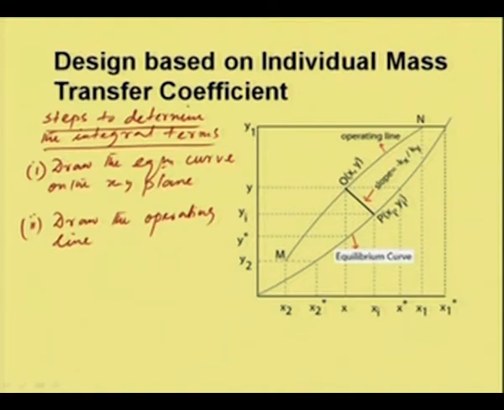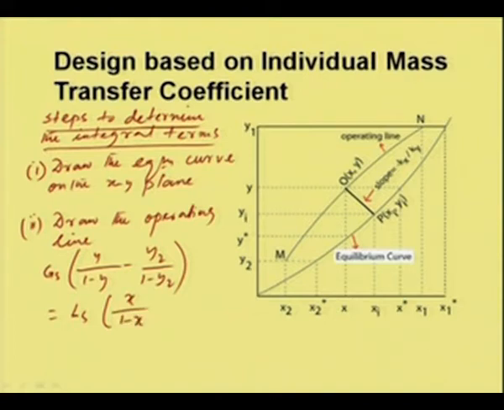This operating line equation we know from the mass balance, we can write Gs y by 1 minus y minus y2 by 1 minus y2 is equal to Ls into x by 1 minus x minus x2 by 1 minus x2.